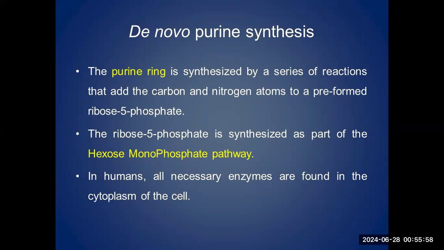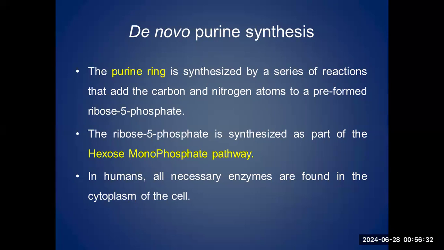When glucose is phosphorylated to glucose 6-phosphate, then it can go to two channels. Glucose 6-phosphate can go to fructose 6-phosphate for the glycolytic pathway, or glucose 6-phosphate, by the action of the enzyme glucose 6-phosphate dehydrogenase, is converted into 6-phosphogluconolactone. That is the first reaction of the HMP shunt.